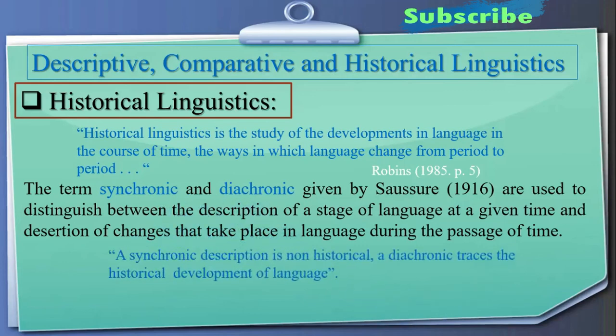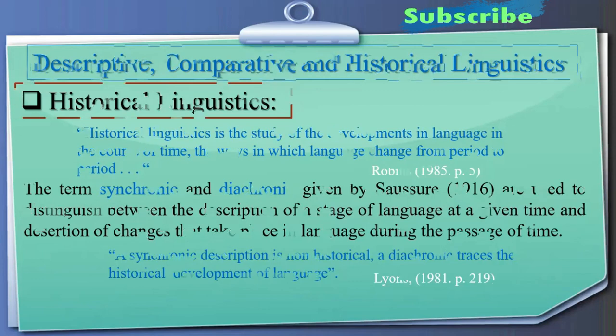A synchronic description is non-historical, the study of language at the present time, but a diachronic one traces the historical development of language. How and what changes occur within language. This definition is taken from Lyons 1981, page 219.